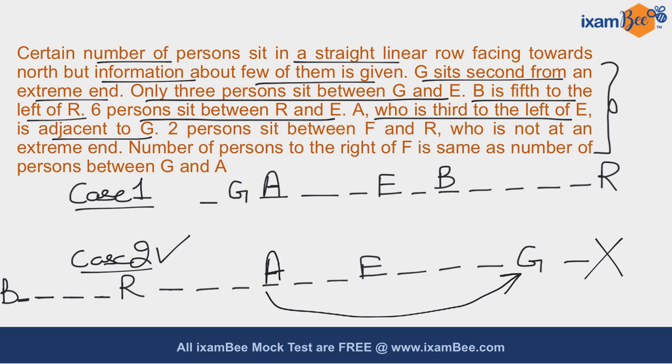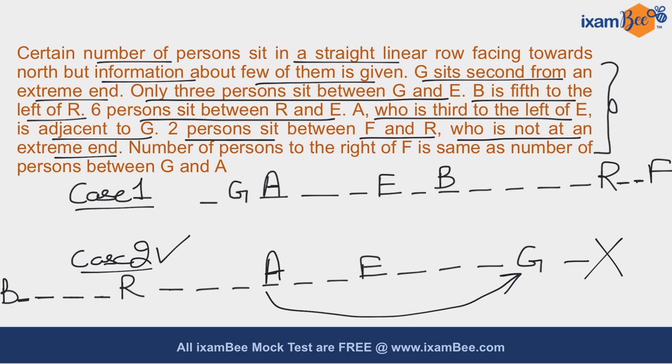Now it is given that you have to place 2 persons between F and R, and you know that R is not at the extreme end. So the only possibility where you can place 2 persons between F and R, considering the fact that R is not at the extreme end, is this.